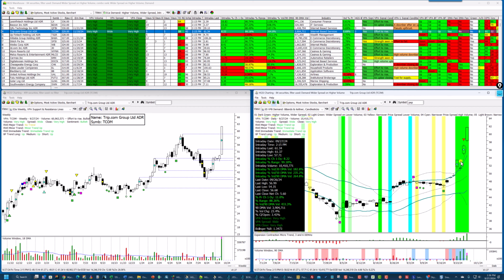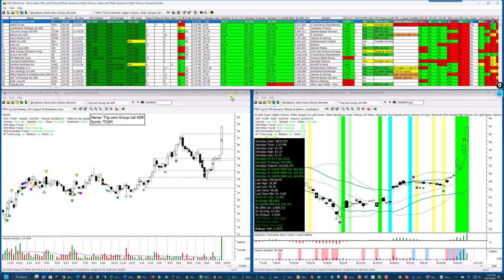I didn't see this one right here, but you can see there it pulled back, but this was green, heavy demand because of heavy volume, and it closed more than 50% of its daily range, so that continued to be a buy. Now, when I apply this combo, it's going to sort on my intraday combo, and you can see that all of the red stocks disappeared, and there is a different arrangement over here on these stocks.